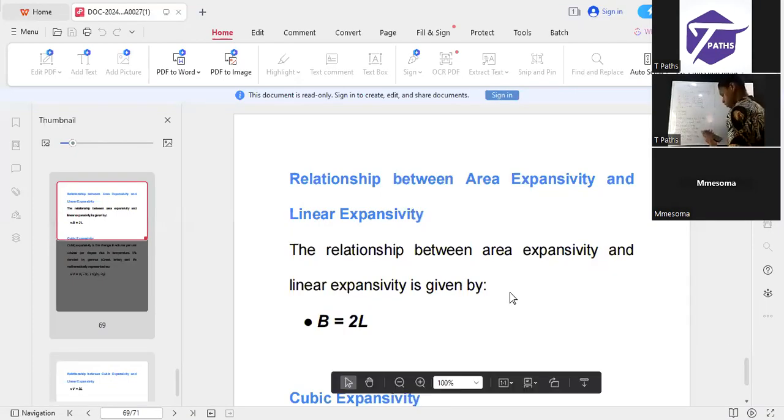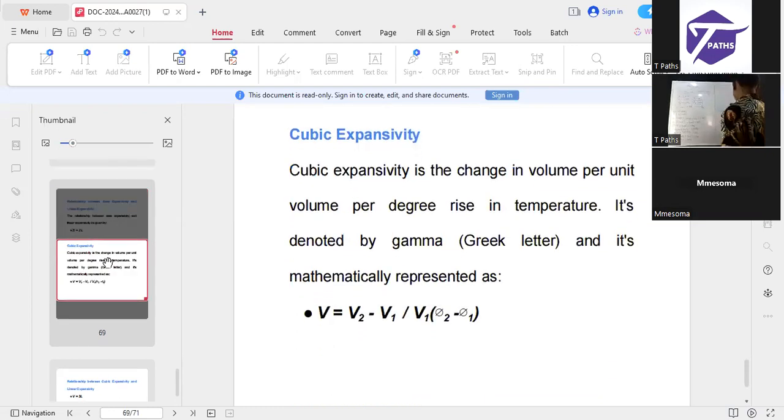So cubic expansivity is simply the change in volume per unit volume per degree rise in temperature. It is denoted with gamma. This is the alphabet gamma. So this is V2 minus V1 over V1 and change in temperature.